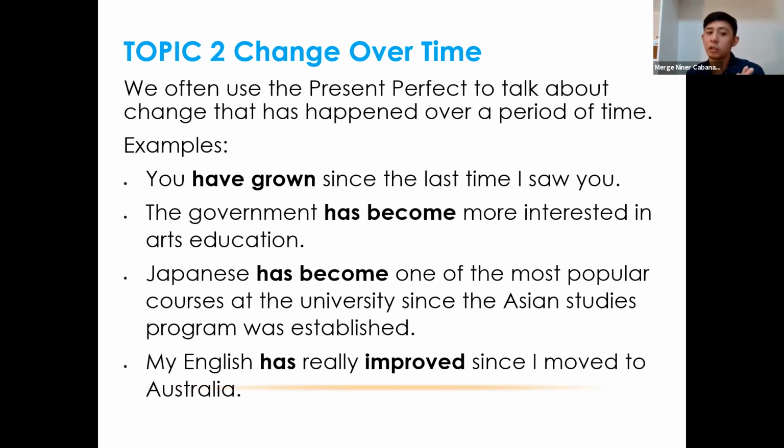Japanese has become one of the most popular courses at the university since the Asian Studies program was established. And my English has really improved since I moved to Australia. So have grown, has become, has improved, has become better, has occurred, has changed, has become taller.